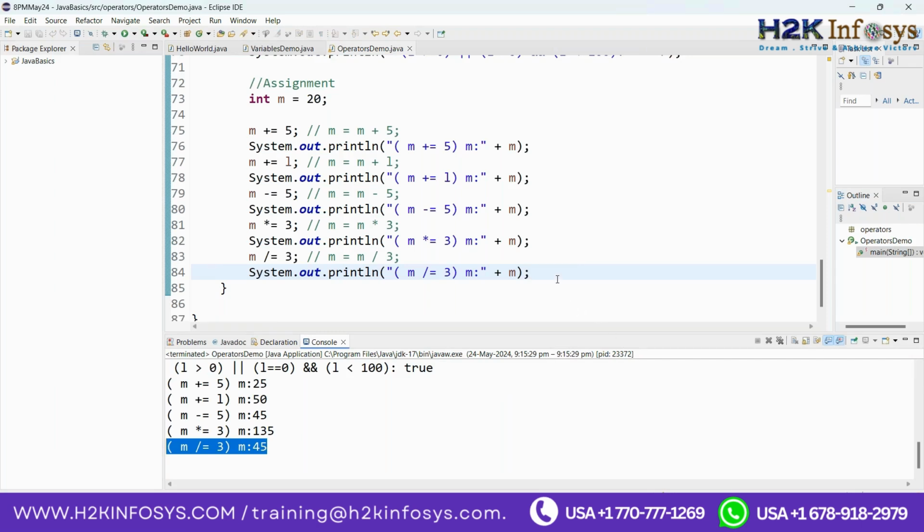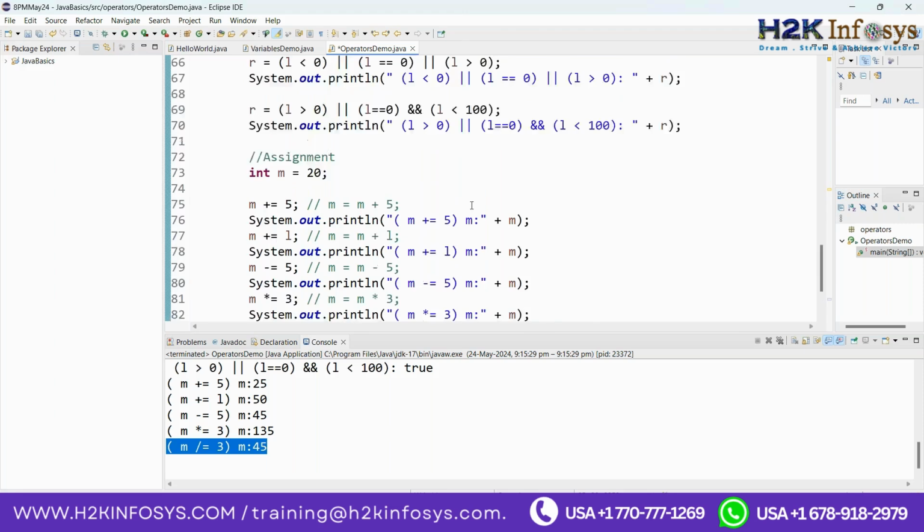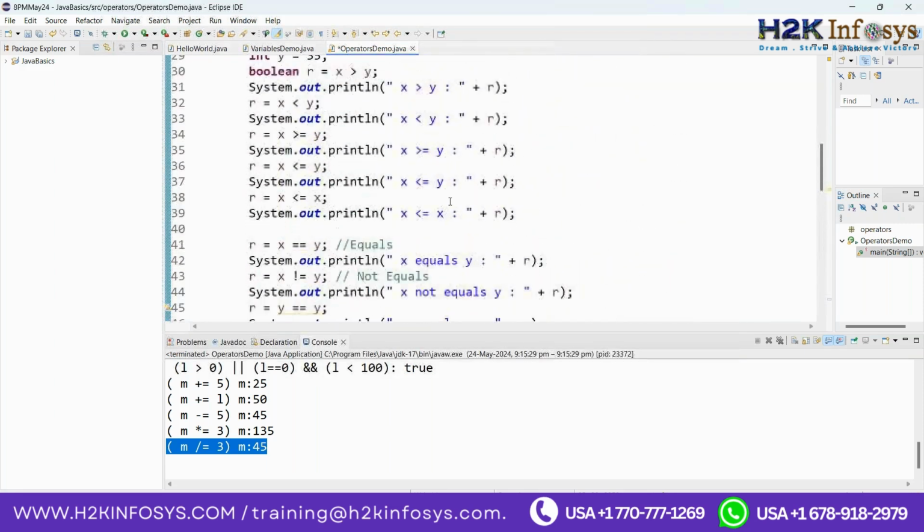Yes, 45. Now this is important. The last one is m percentage equal to 4. What this m contains is m equal to m percentage of 4. What is percentage? We have seen in the arithmetic operators. What is percentage?